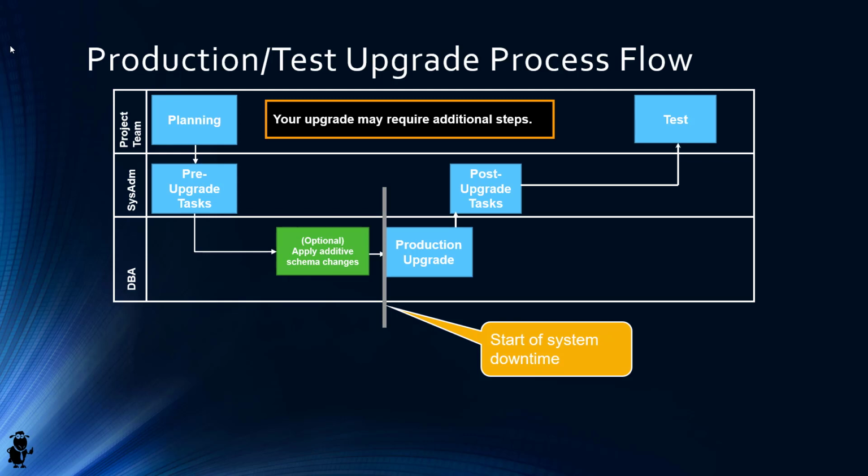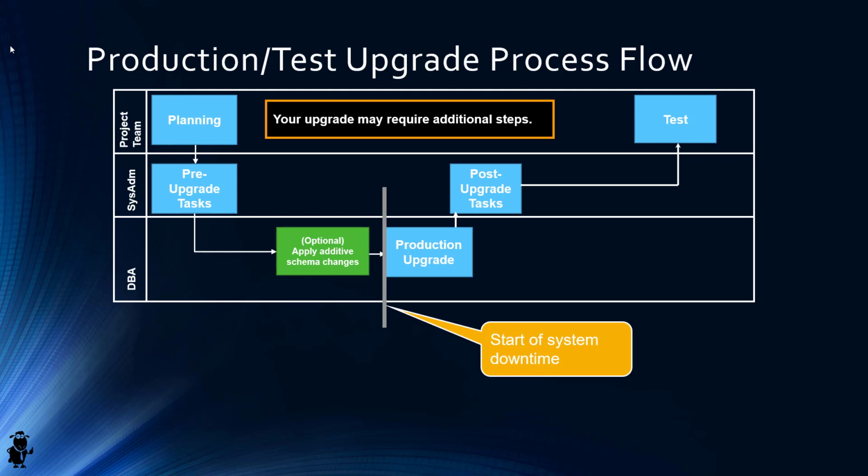So there's an optional step available from the upgrade wizard to apply any additive schema changes while the system is still running, which means creating those additional tables and columns and maybe index changes during windows you decide upon. So let's say overnight when there's less stress on the system. And so produce the schema information before you actually start the downtime window.